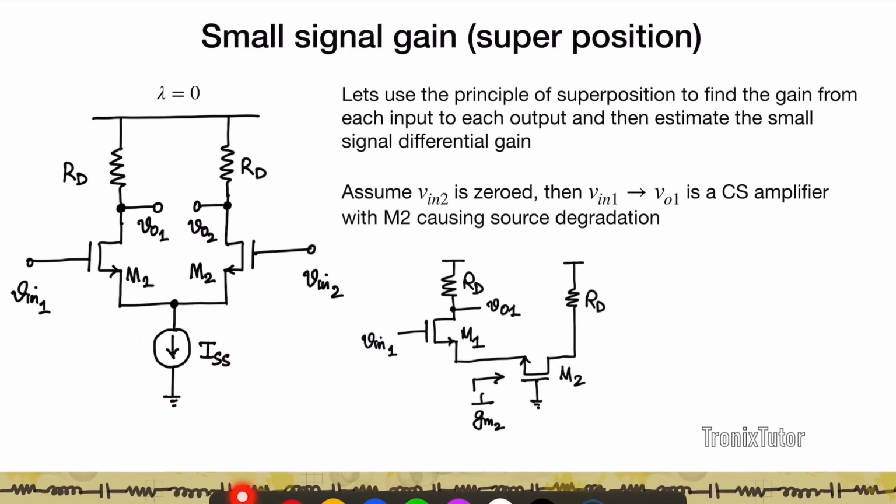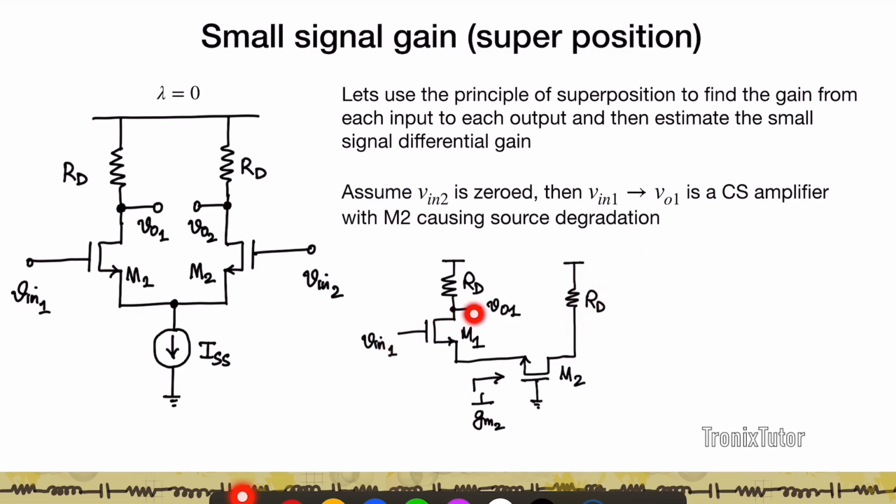Remember, in small signal, this current source is essentially going to be zeroed. So if you look at the circuit to analyze, you essentially have this common source circuit from Vin1 to VO1, with RD and M1. ISS is essentially zeroed, and what you have is M2, which is the degradation transistor for M1, and then an RD connected to ground.